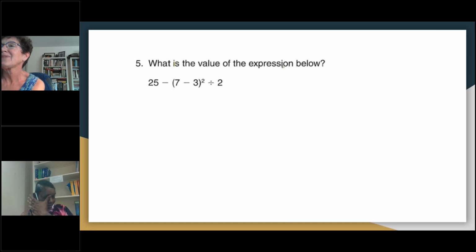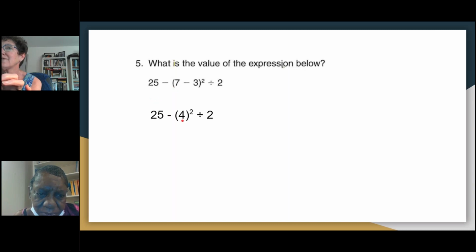So in this expression, the very first thing we're going to do is what's in these parentheses, because we don't know what we're going to subtract or what we're going to do with this exponent until we solve what's in here first. So we're going to simplify 7 minus 3, and that is 4.